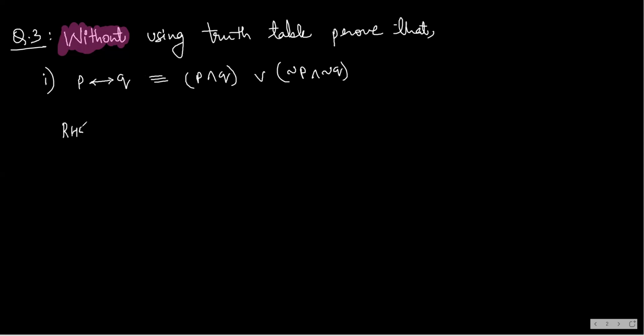It is P and Q, or negation P and negation Q. Next, I notice between these two statements a conjunction, and outside the bracket I notice a disjunction.